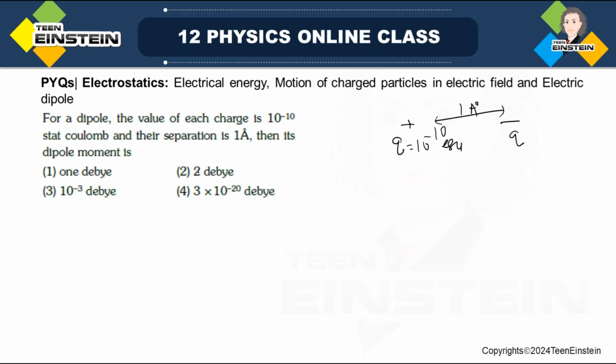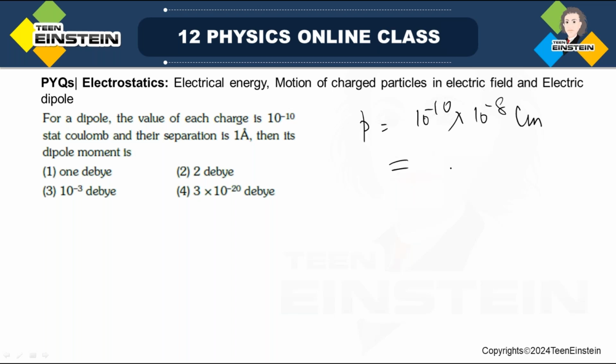So then what is the dipole moment? The dipole moment P is Q into the distance between them, or separation between them, in centimeters.